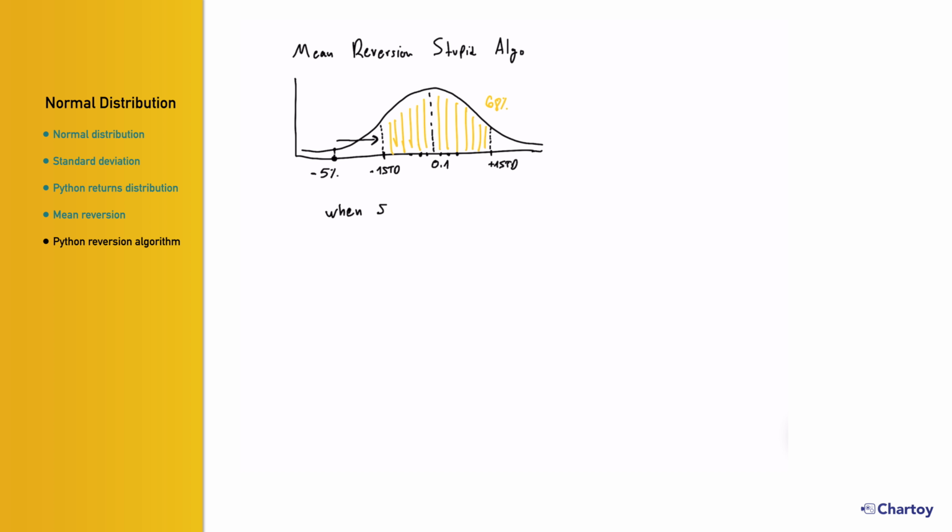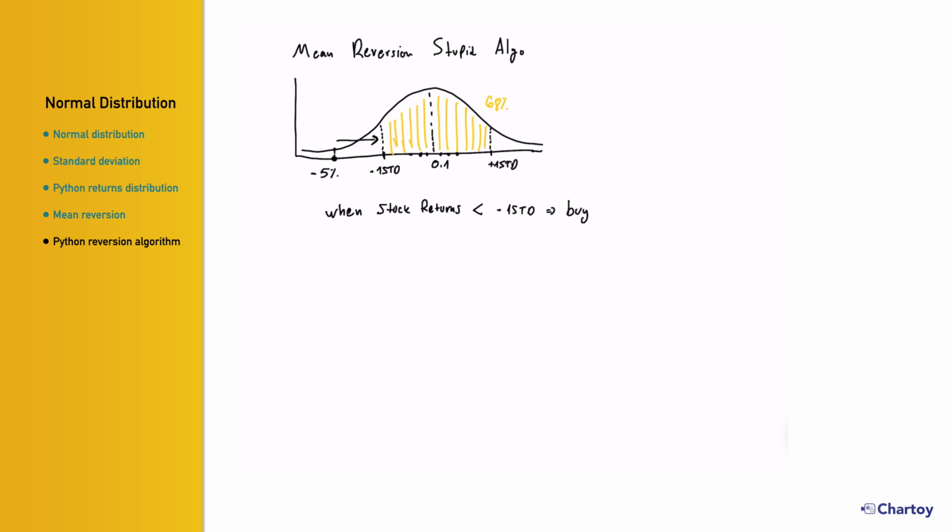So what if we made some sort of algorithm that says, when the stock returns are less than some threshold? Let's say this threshold is 1 standard deviation, or it could be 1.5 standard deviations, somewhere on the left side under 1 standard deviation, where we have less chance for this to happen. We say that we buy the stock whenever we have returns lower than this threshold.